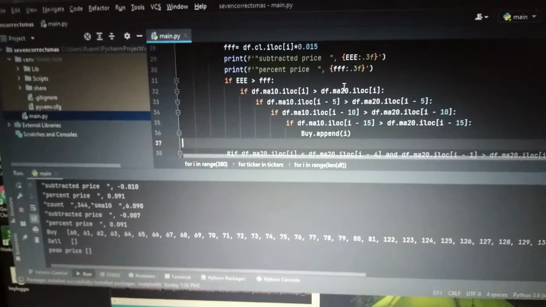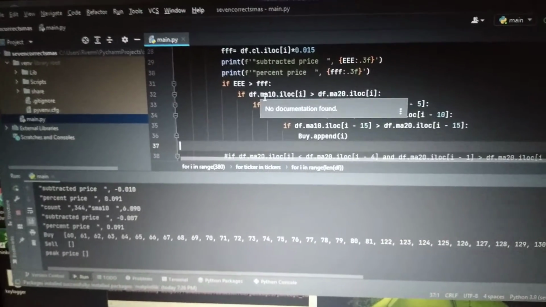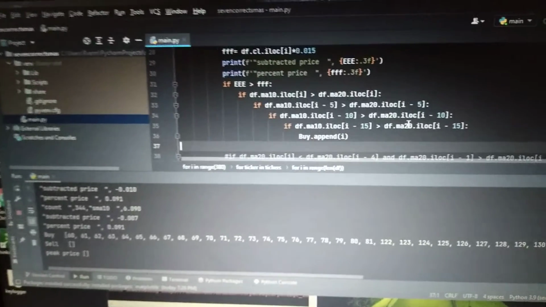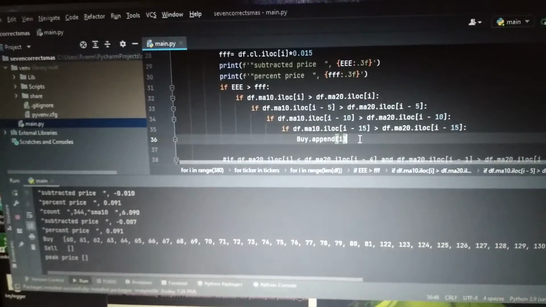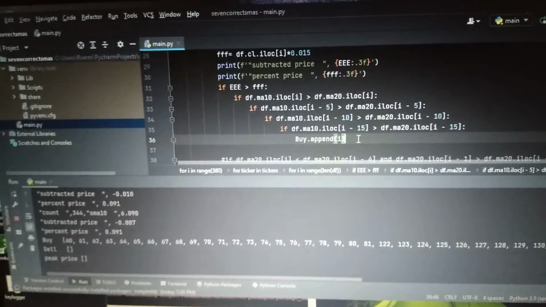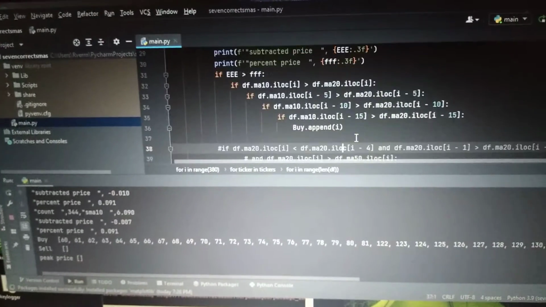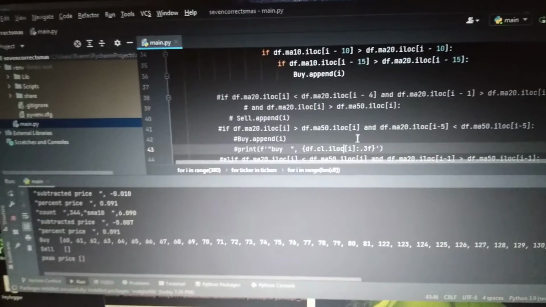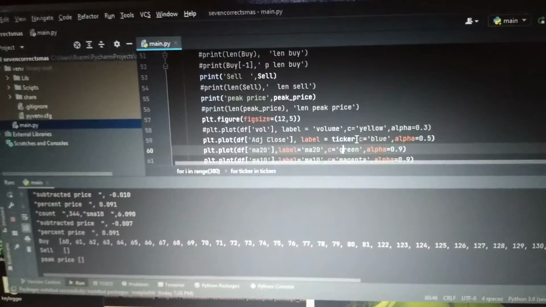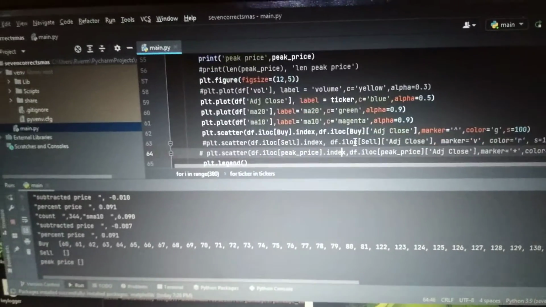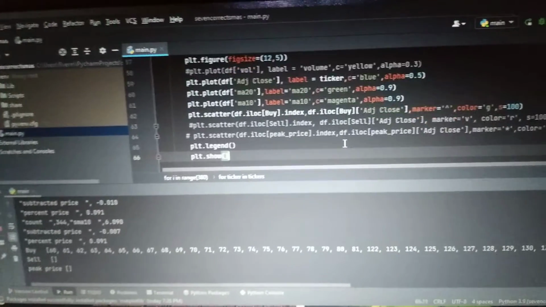And if the moving averages over the last 15 minutes have the 10 over the 20, they will append, and then you will get that down here with the Matplotlib. It will show up.